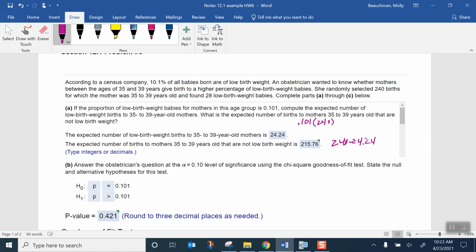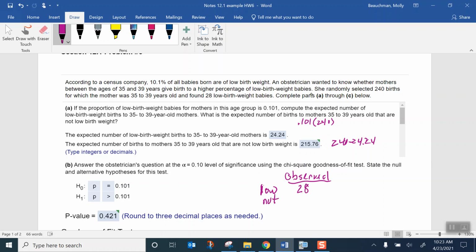So to use the goodness of fit test, you have observed values and you have expected values. So we just calculated the expected values. The observed values are given in the problem. So observed low birth weight, from the 240, there were 28 low birth weight.